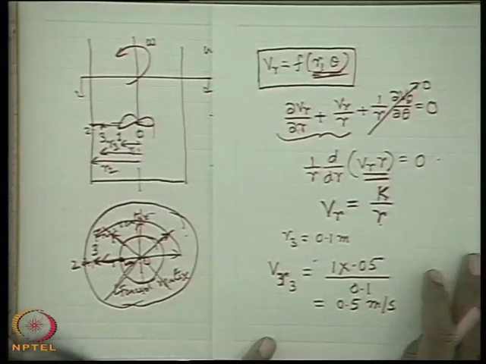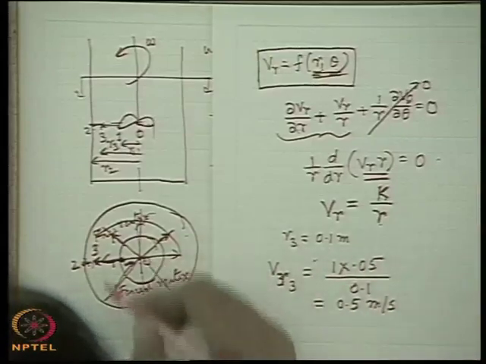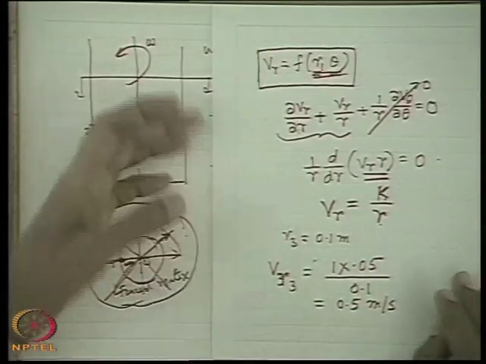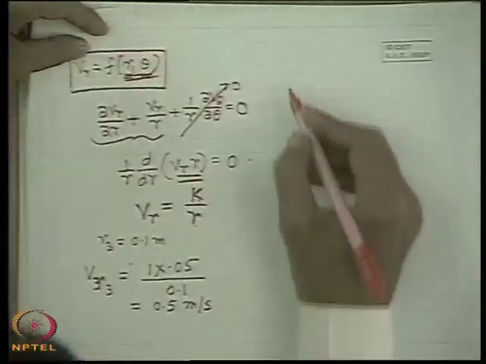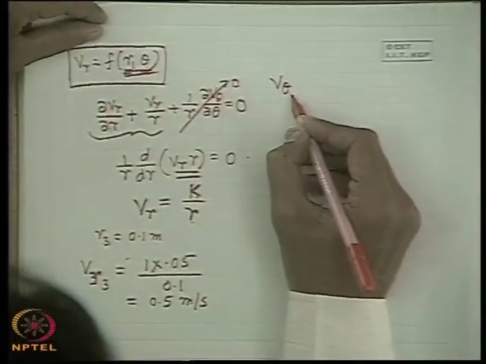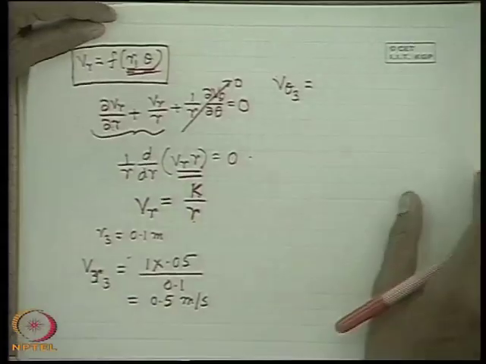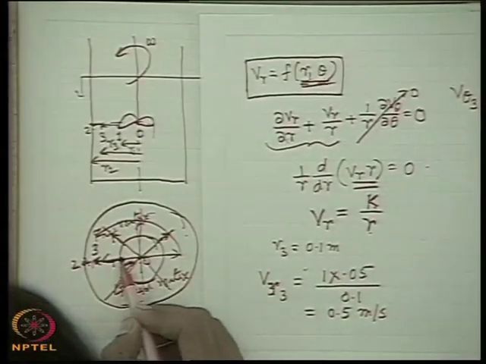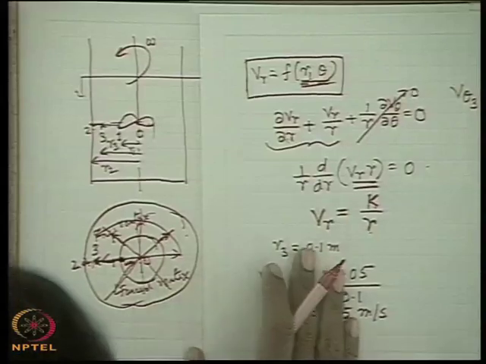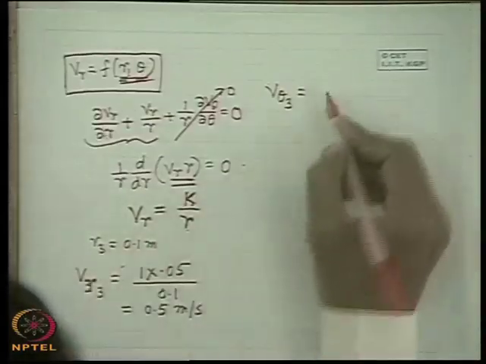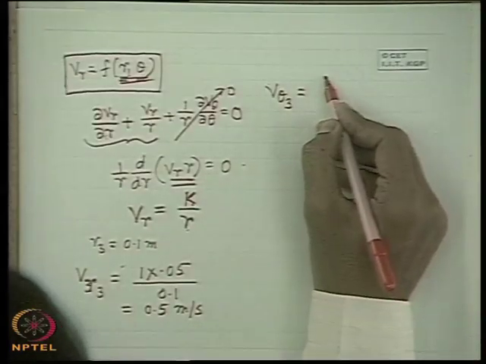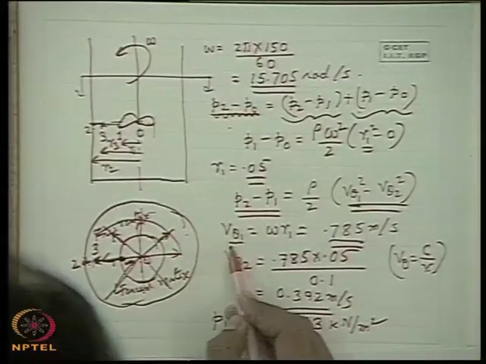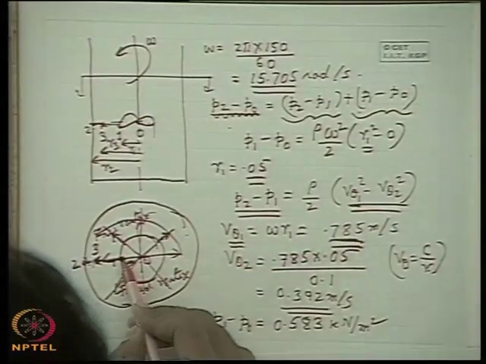In a similar way, we can find out the value of V theta 3. Now V theta 1 is known; we found V theta 1 to be 0.785, which is the velocity here.